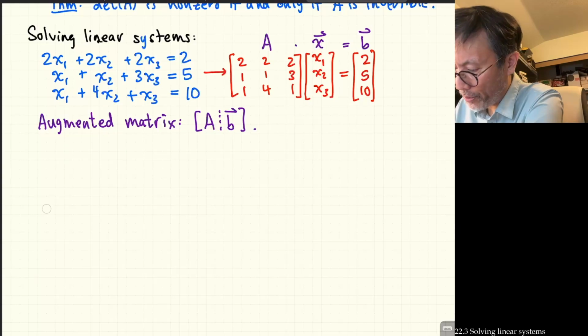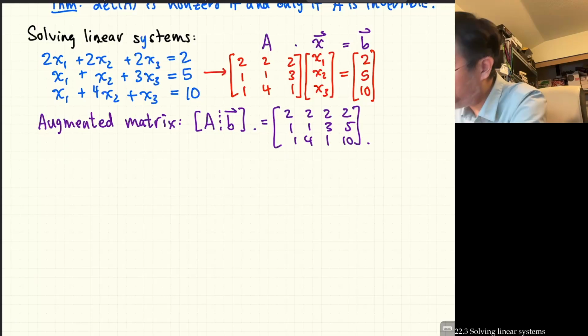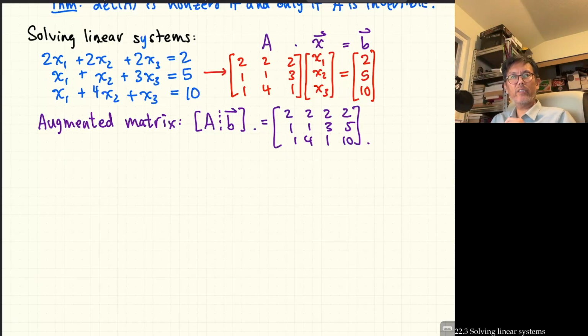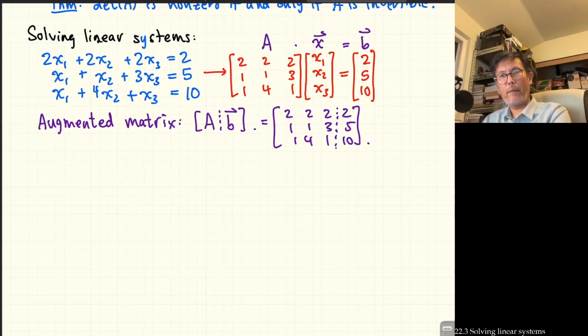So this matrix is given by 2, 2, 2, 2; 1, 1, 3, 5; and then 1, 4, 1, 10. That's what's called the augmented matrix. Sometimes people will do little things like draw a line, but I'm not too worried about that.